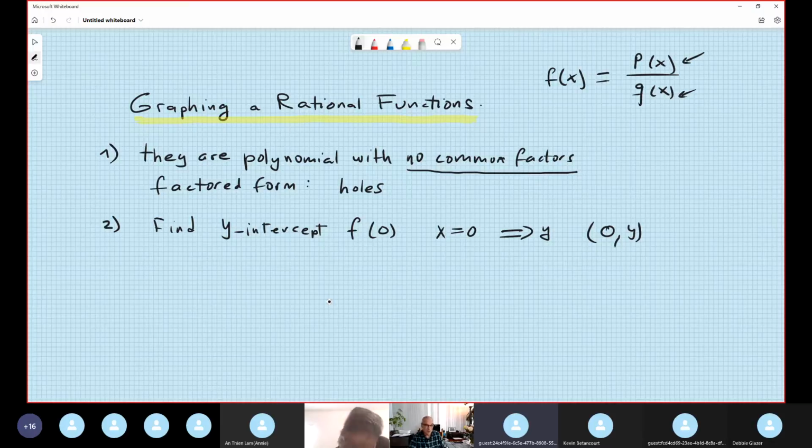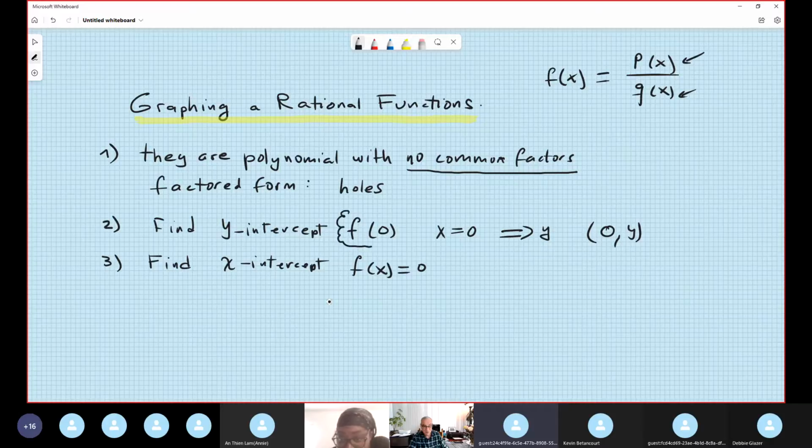This is easy, right? Number 3 is to find another important point, the x-intercept. This is more complicated, because it's f of x equal to 0. Those are the formulas, guys: this one for the y-intercept, and this one for the x-intercept.